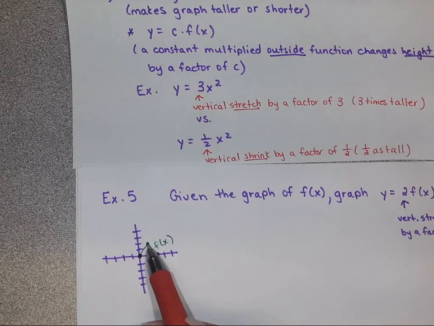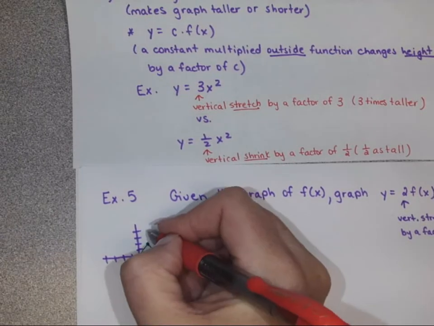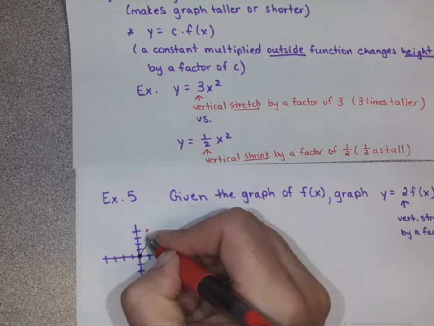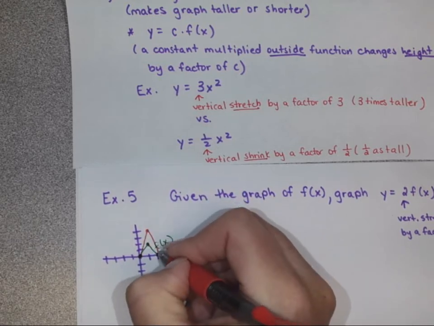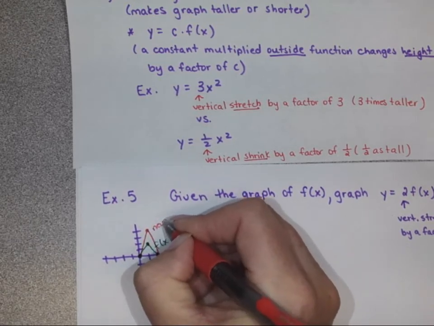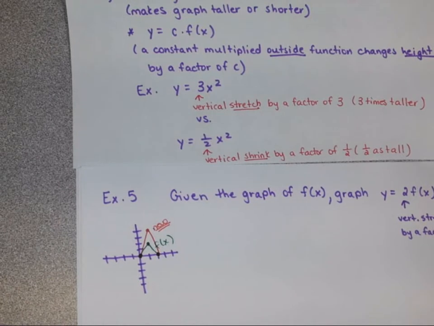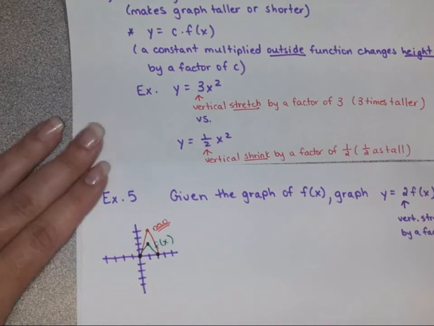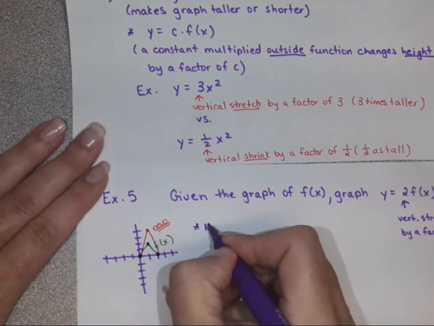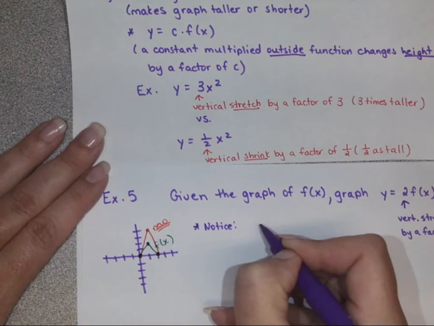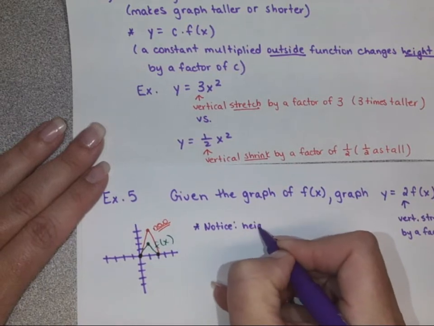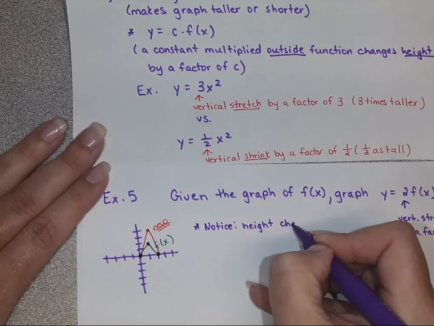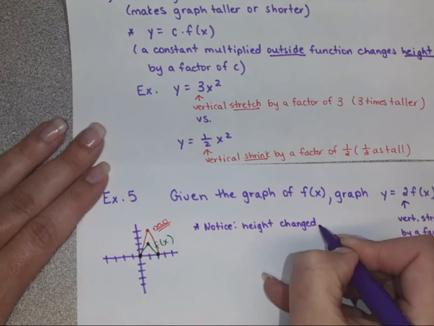But this one has a height of 2, so what will be the new height since I'm doubling the height? 4. Okay, so this will be my new graph. That's it. Okay. So what I want you to notice is what changed and what didn't. Notice the height changed, but what did not change? Yeah, the width did not change.